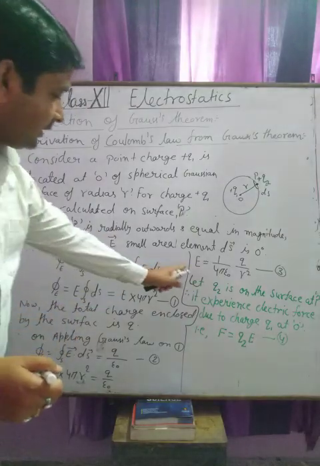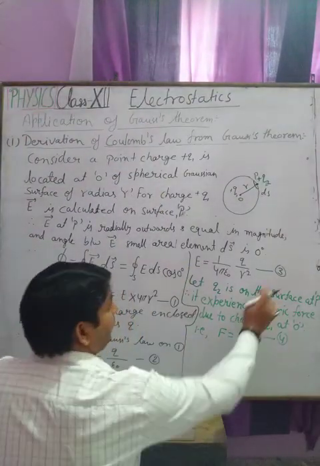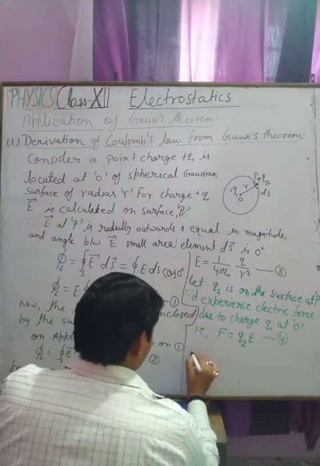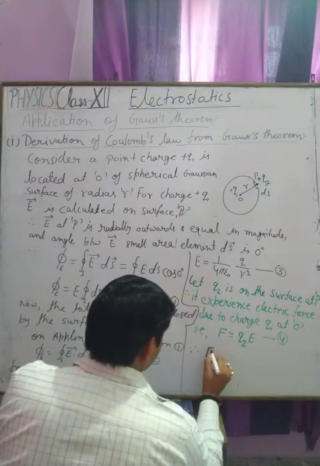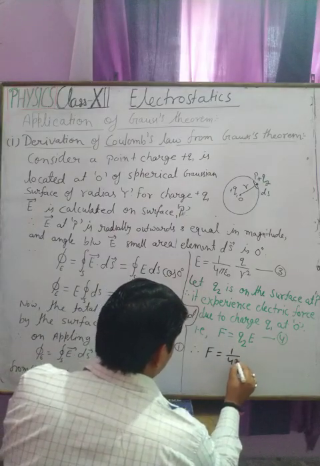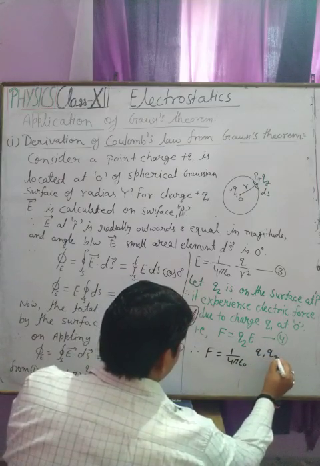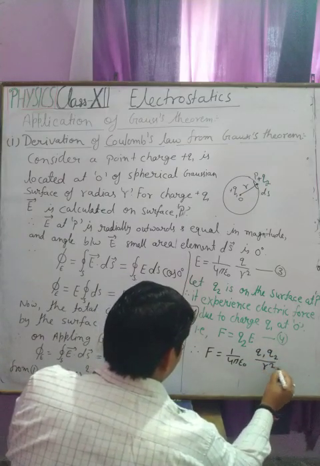Now on putting this value of equation 3 in equation 4, we are getting this force F is equal to 1 upon 4 pi epsilon naught Q1 Q2 upon R square.